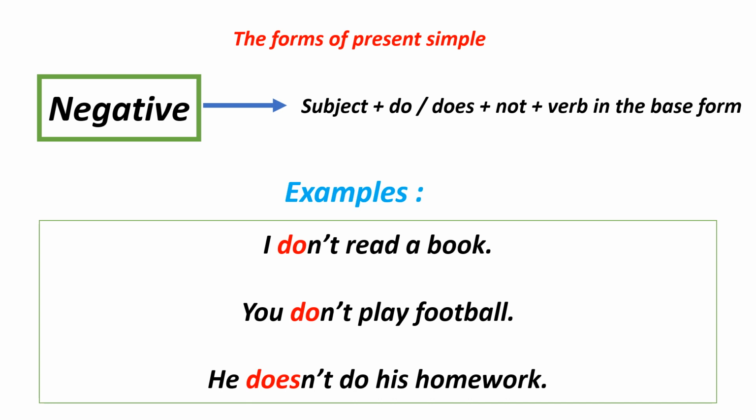And the last example is: he doesn't do his homework. I write does because I have the subject he. And as we see here, I don't add anything to the verb in the base form because I already conjugate the verb do in the present simple tense.